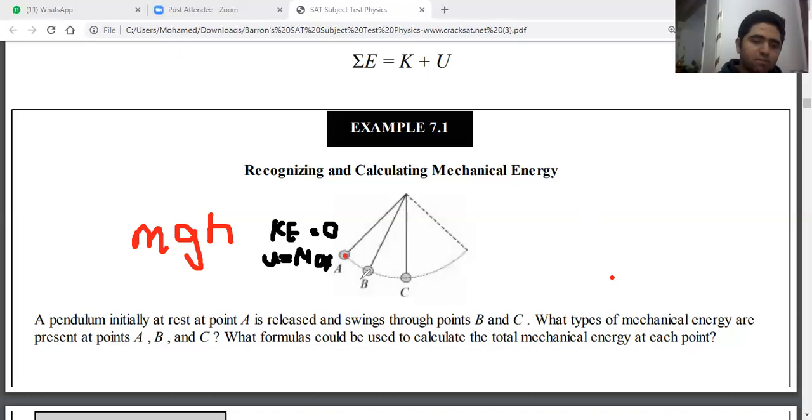Because the kinetic energy is increasing, the potential energy is decreasing, right? So in this instance, we still have potential energy, mgh, and we still have kinetic energy, half mv squared.